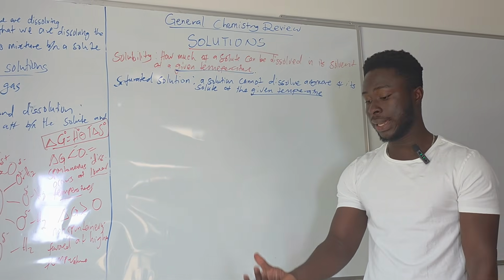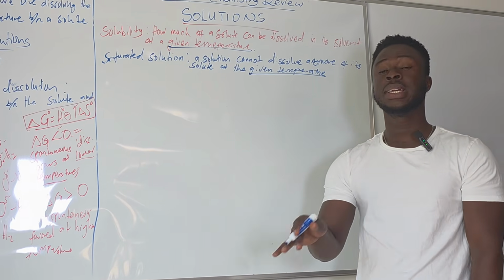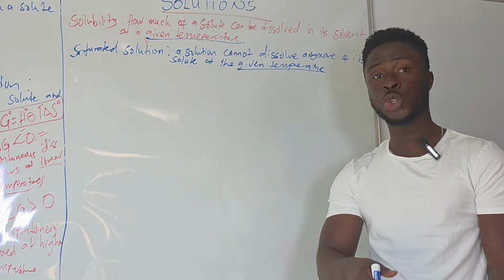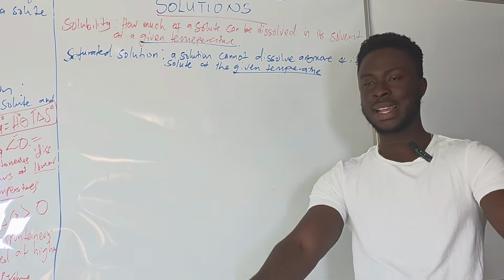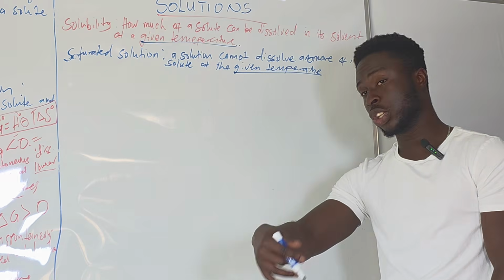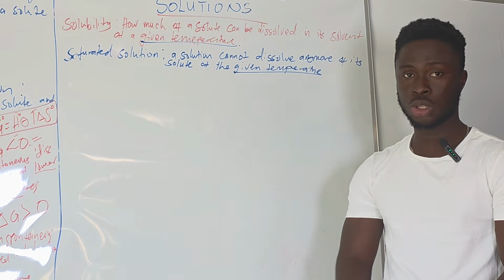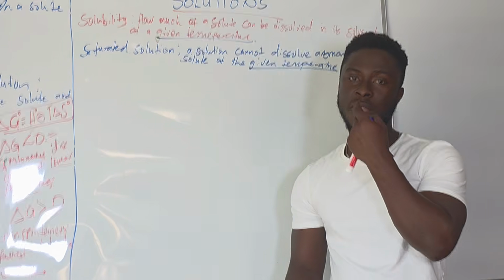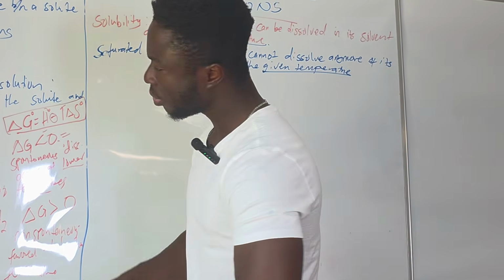If you take a lot of sugar and put it in cold water, at some point the water cannot dissolve any more sugar, and whatever sugar you put in is going to precipitate and crystallize at the bottom. But the moment you put that sugar solution on the stove and turn up the heat, you could throw in more sugar and it would dissolve.